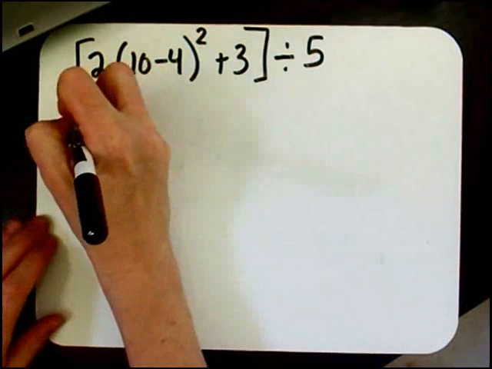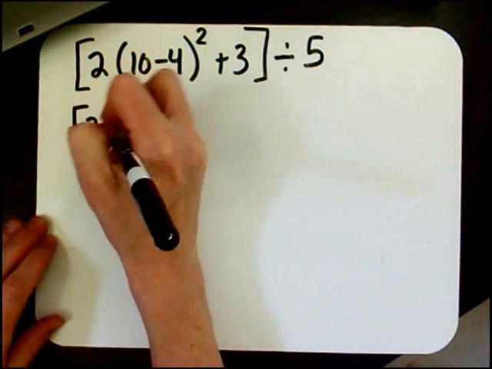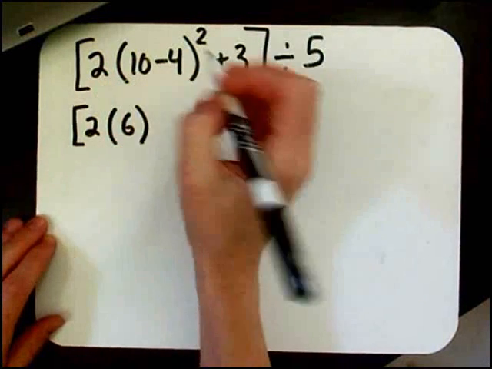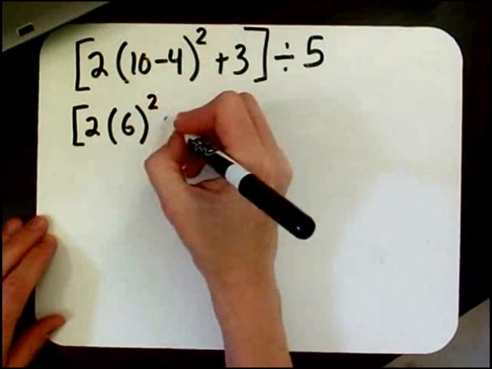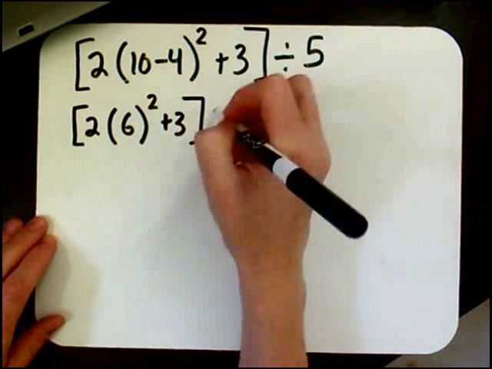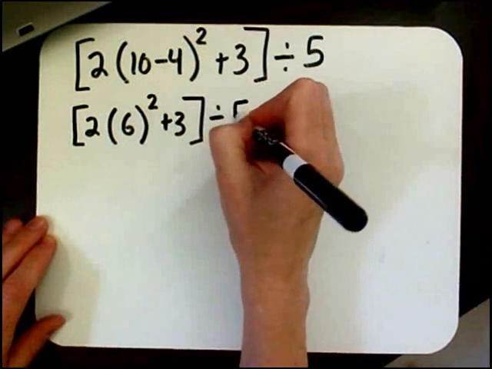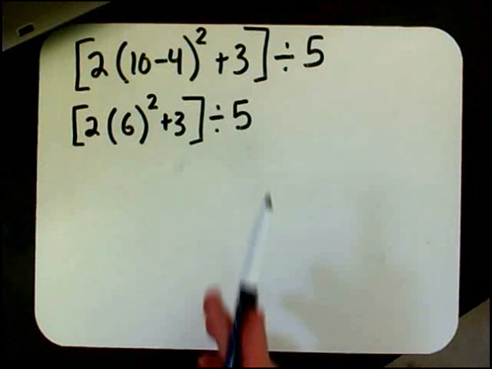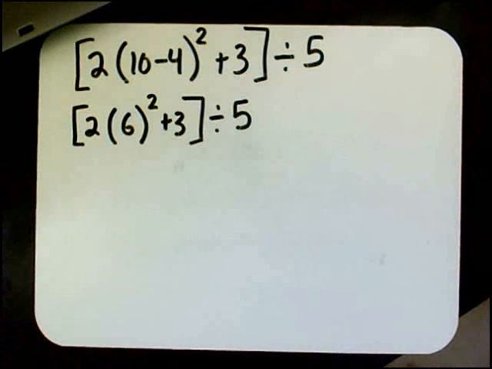So we end up with open bracket, 2, open parentheses, 6, close parentheses, squared, plus 3, close bracket, divided by 5. Okay, so now we've evaluated what's inside of that parentheses. The next is to look at what's inside that bracket.